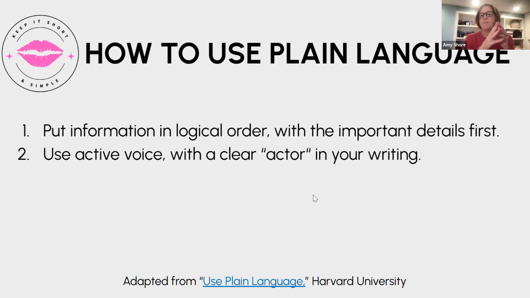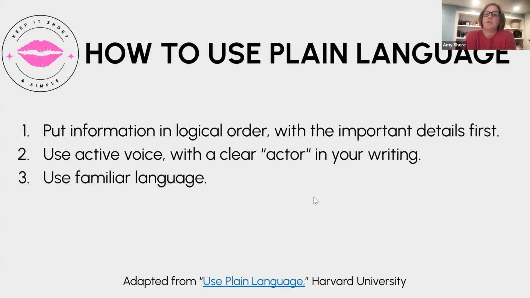Even here, just by beginning with put, use, I'm not saying you should use, but we know that that's an active actor that I'm pointing towards. 3, use familiar language. Even saying concise, etc., those words are probably middle school, but maybe a little bit advanced. So try and make it familiar language.